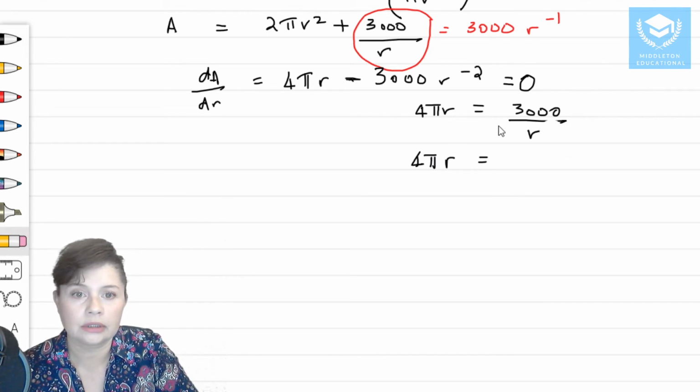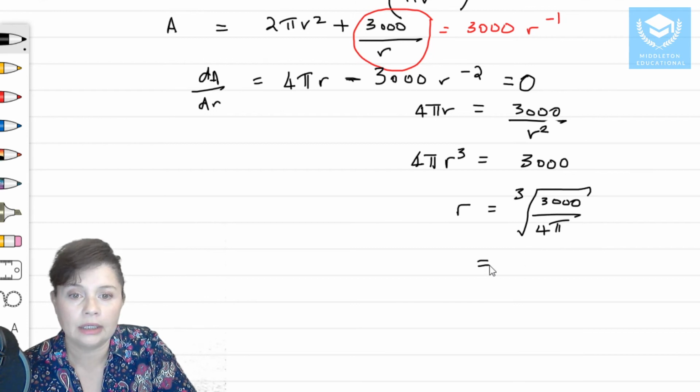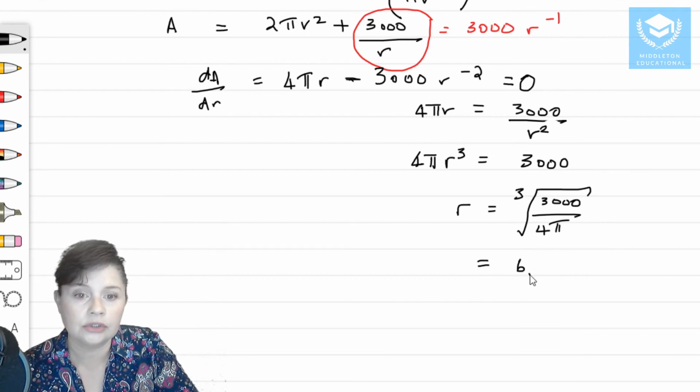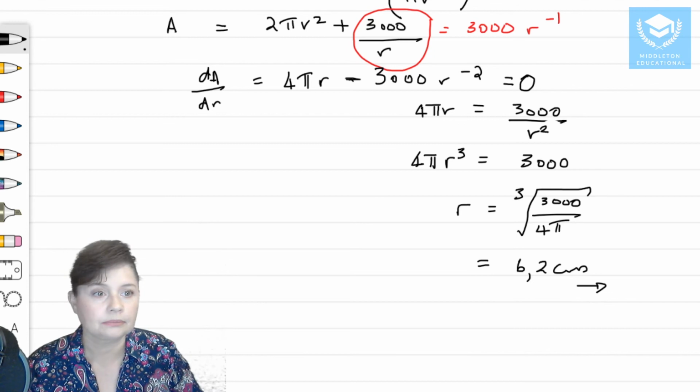I was hasty thinking about the next line. 4 pi r cubed equals 3000, and if you find r, you're going to get the cube root of 3000 over 4 pi, and that works out to 6.2 centimeters. Okay.